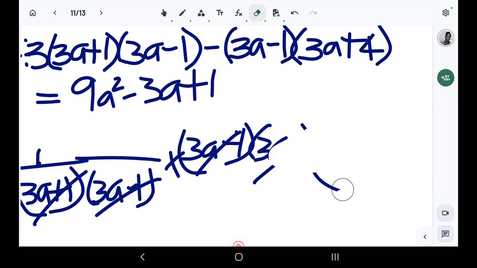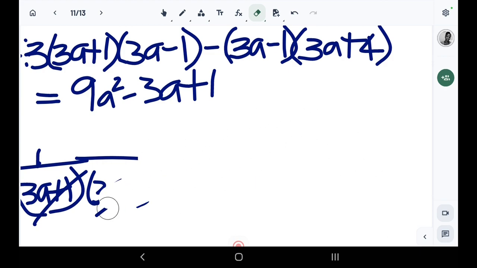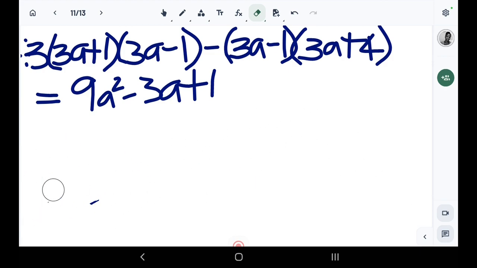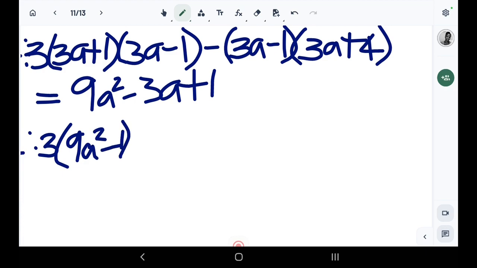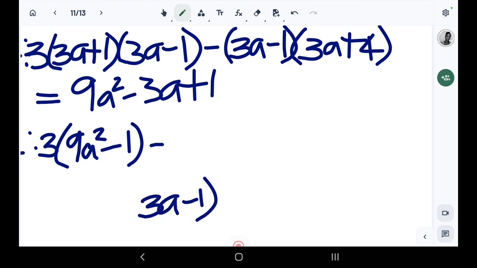Therefore, now let's multiply out. That is equal to 3 in brackets, 3a plus 1 times 3a minus 1. That is the difference of two squares, 9a squared minus 1. Minus 3a minus 1 multiplied by 3a plus 4.